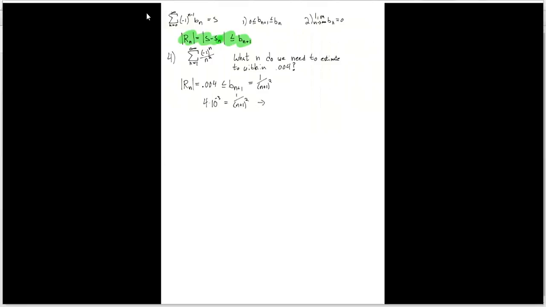So if we do some moving around, we get that 250 is greater than or equal to, oh sorry, because everything's equal now, this n plus 1 squared. Well, this is 5 radical 10, and this is approximately 15.84.